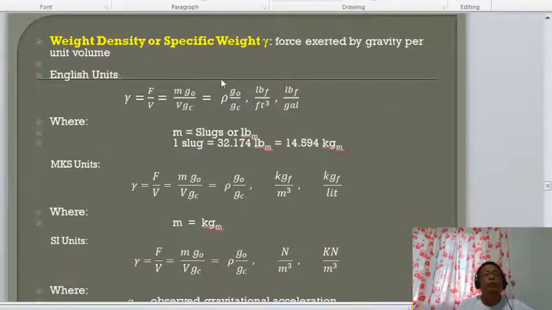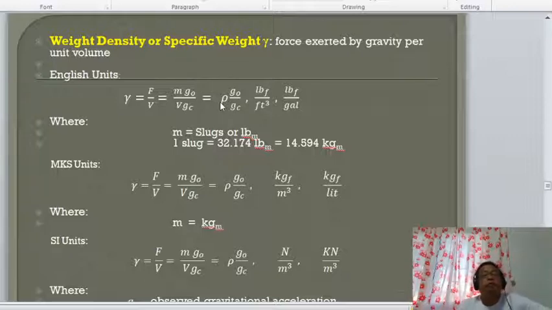We have also the relation between the weight, density, and specific weight. The weight density, or the unit weight, is equal to the force or weight over the volume. Simply, force or the weight is equal to mass multiplied by gravitational acceleration. Knowing that mass over volume is equal to density, we arrive at this equation.